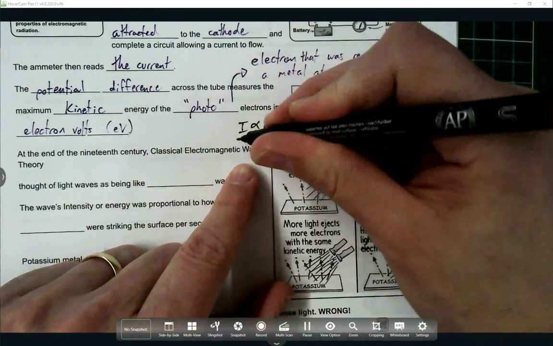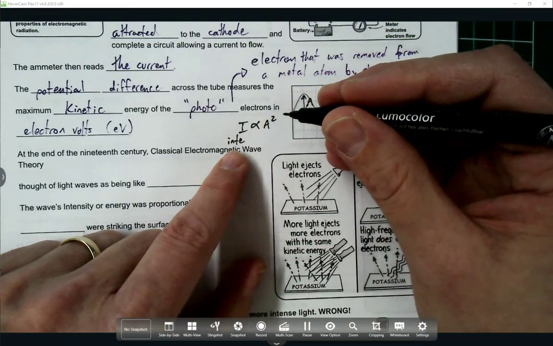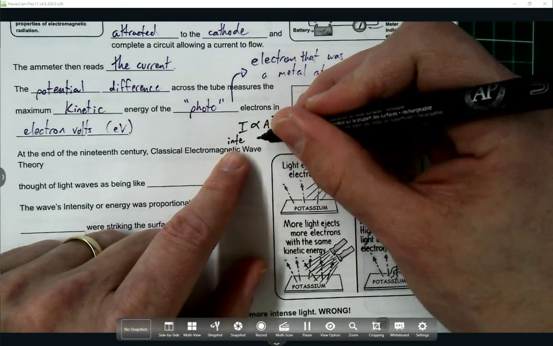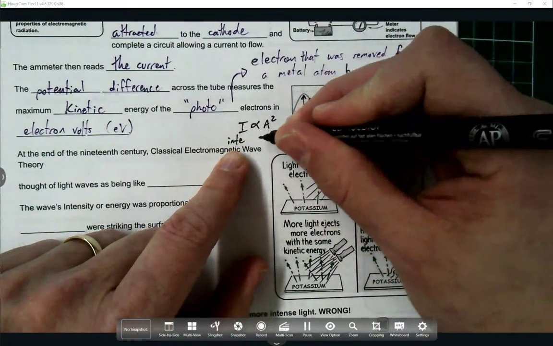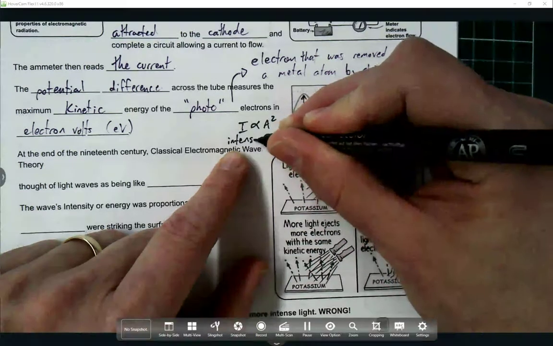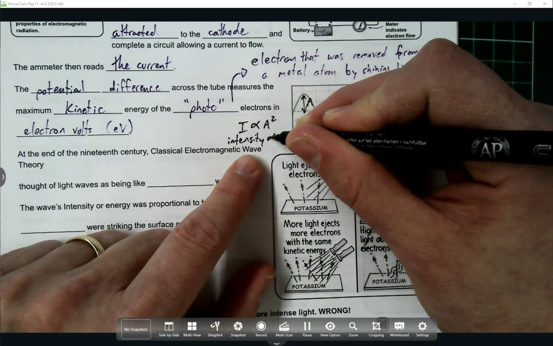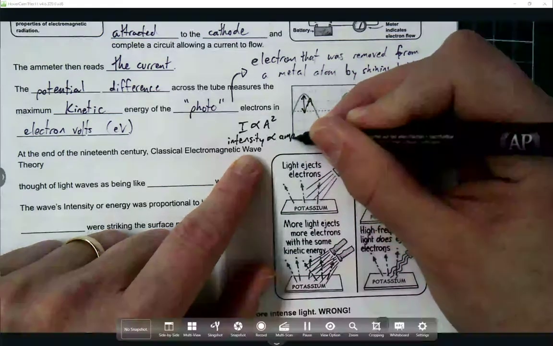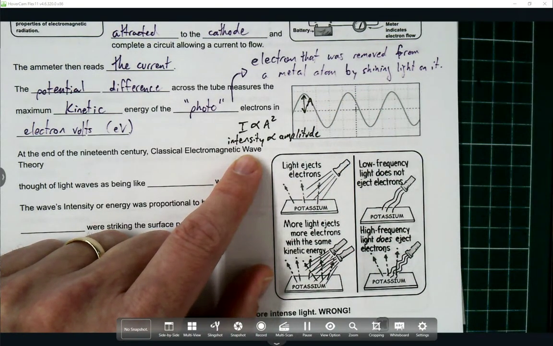So what we're saying is that the intensity of the light, or the photoelectric emission current, is proportional to the amplitude of the light. Brighter light, in other words, is going to cause more electrons to get knocked off. I think that's probably the nicest way to say it.